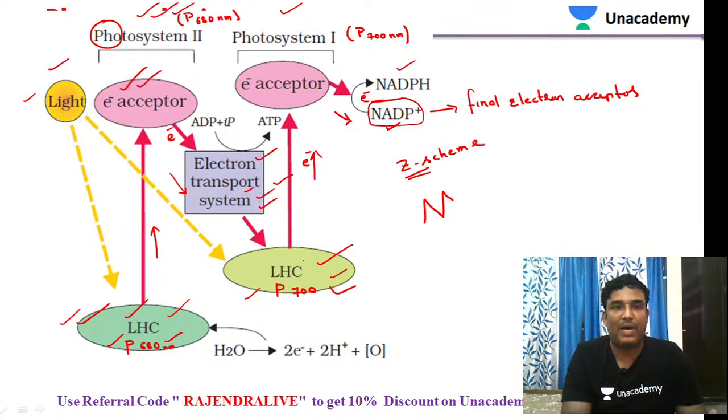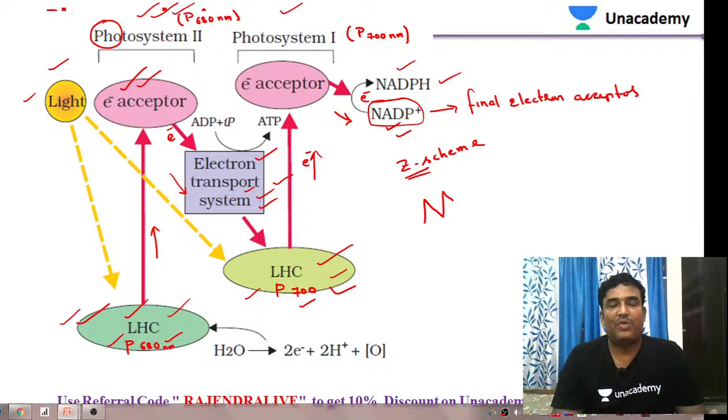Then the electron is passed from the electron transport system to photosystem 700. From there again the electron is transferred to NADP plus to form NADPH. The final electron acceptor in non-cyclic photophosphorylation is no doubt NADP plus.